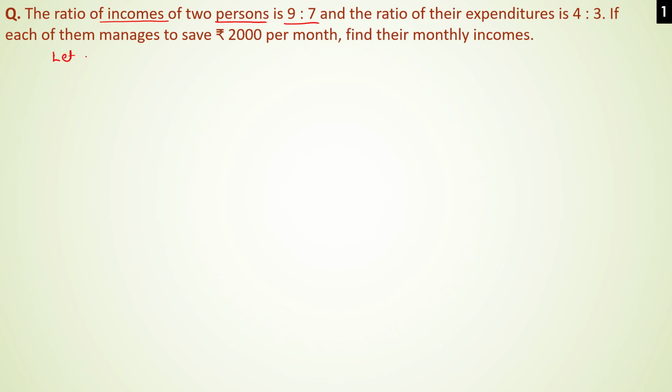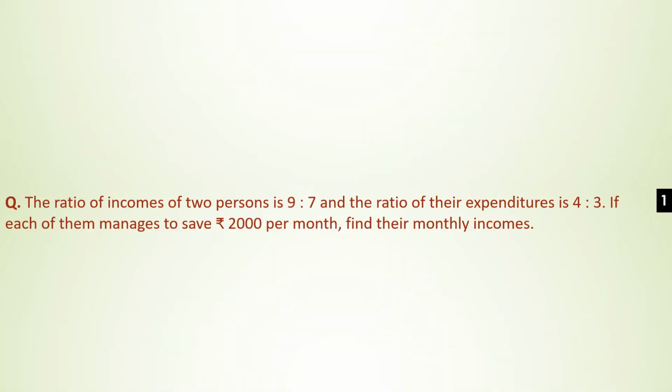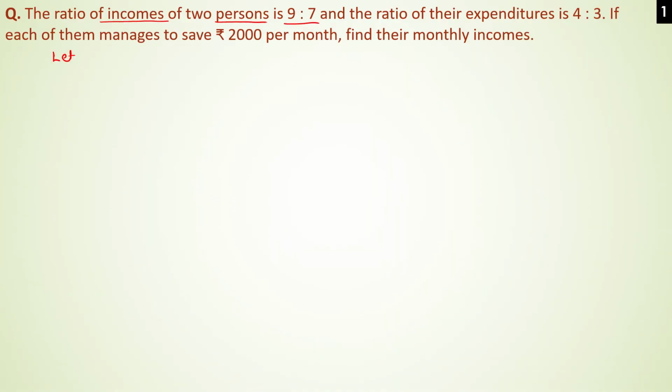So let the incomes of the persons be 9x and 7x, and the ratio of their expenditures is 4:3.